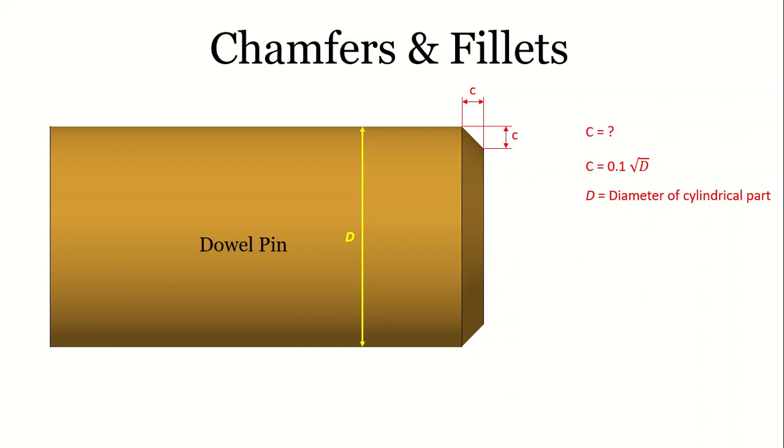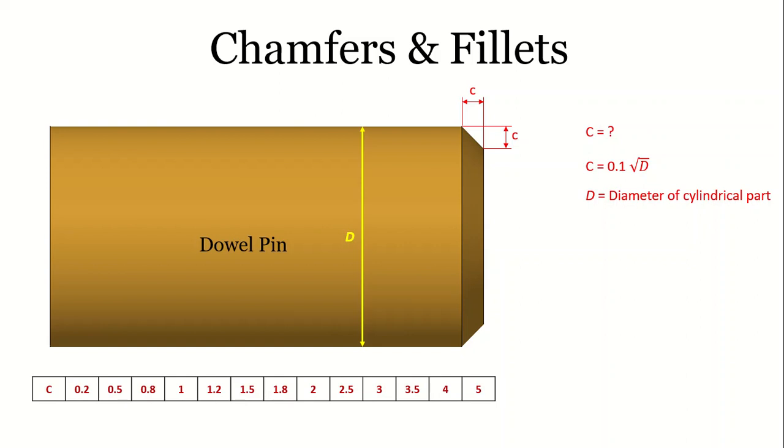Now when you use this formula, you will get some value of C which might not be a standard value, and it is always recommended to use a standard value, and for that I am giving you some values which are standard. These are the standard values of C. It is always recommended to use a standard value because the tools for making these features will be easily available and the cost of manufacturing will be less.